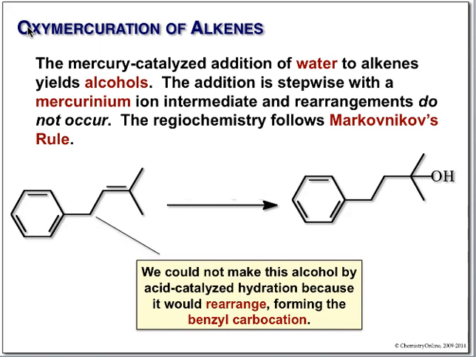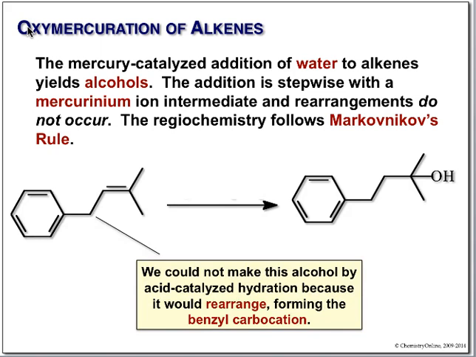You would look at this and say, all right, just looking at this bond here, we have Markovnikov regiochemistry, don't we? That is, the OH is on the tertiary carbon, not the secondary.